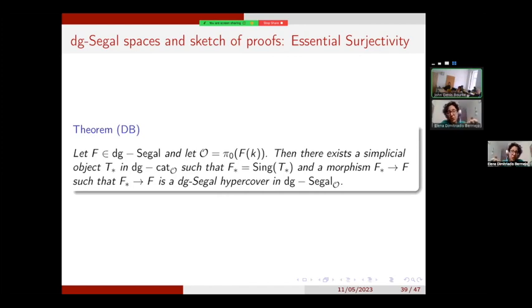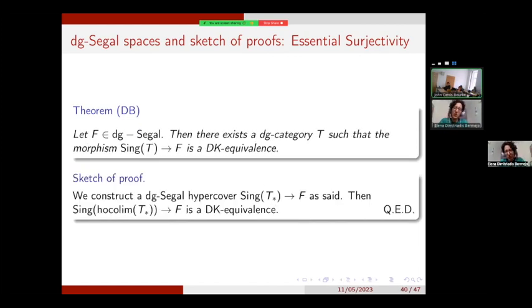So in other words, we can construct a DG simplicial hypercover of any DG simplicial space that is made of objects in the image of sing. And I'm not going to give more details than that.